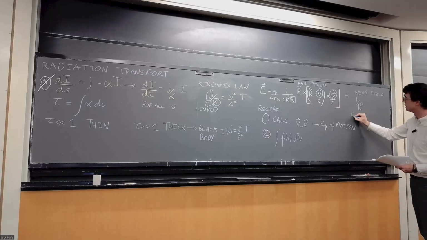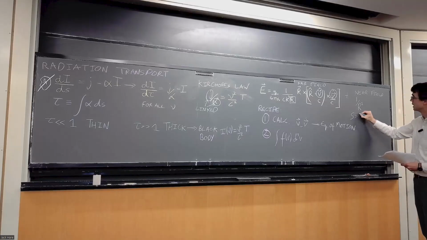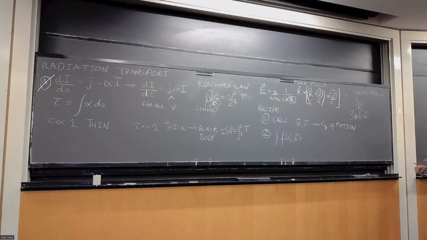So when you calculate S is equal to E cross B, I'm going to write the mu naught, so proportionality. The magnetic field is going to have the same radial dependence, the same drop-off in distance as the electric field. And so the Poynting vector is going to go as 1 upon r to the 4.